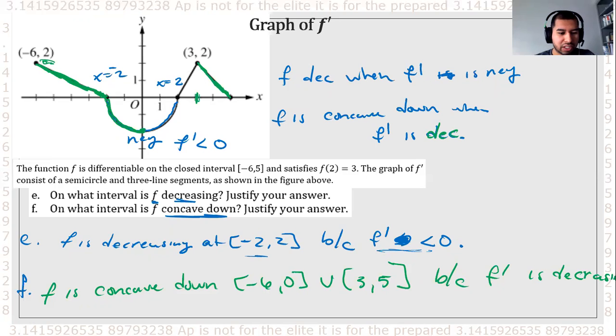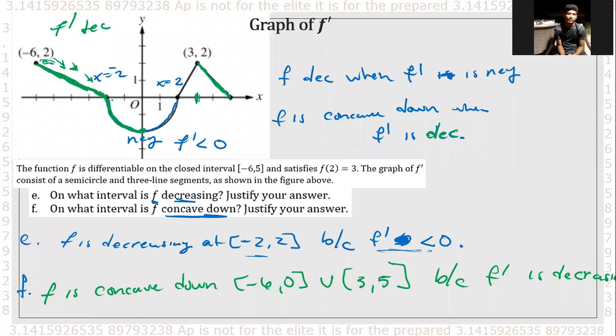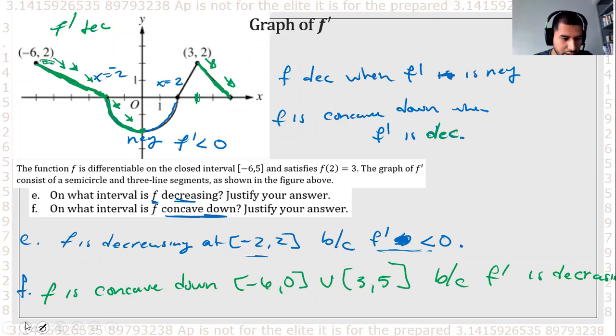No. When the slope of f prime is decreasing. So all of this has a negative slope. Okay. All of this. This too. Yeah, that was what I meant to say. Can I move the slide?